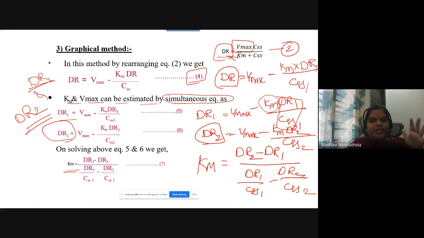Here, for estimating the Km and Vmax, we are considering the dosing rates at different intervals, so we are able to get two different steady state plasma drug concentrations. DR1 represents CSS1 and DR2 represents CSS2.